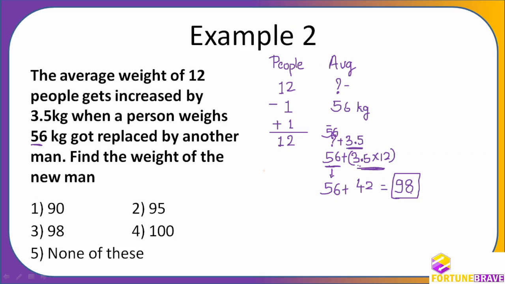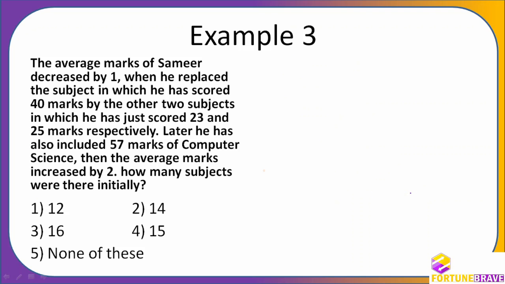In this case, there will be no number increase. The number will remain the same because he is going to replace some person. So the 98 is the new person's weight. Understood?